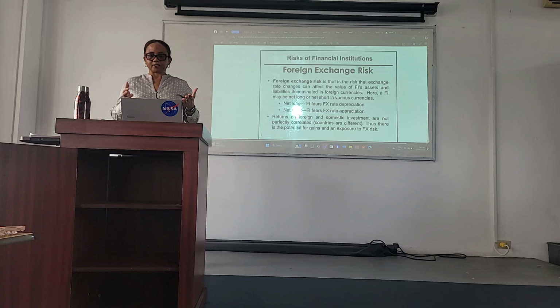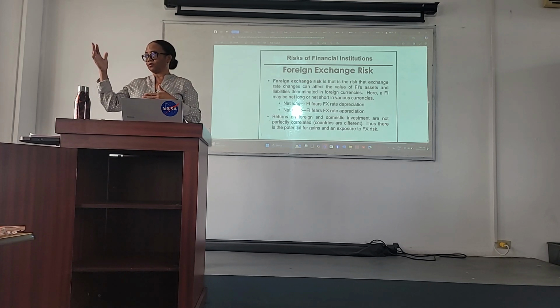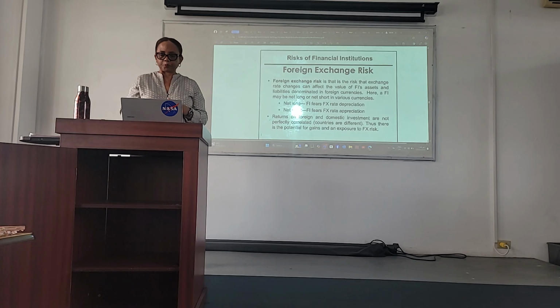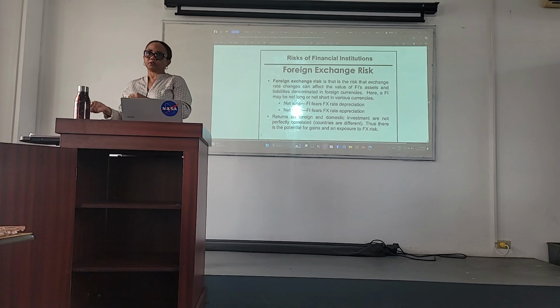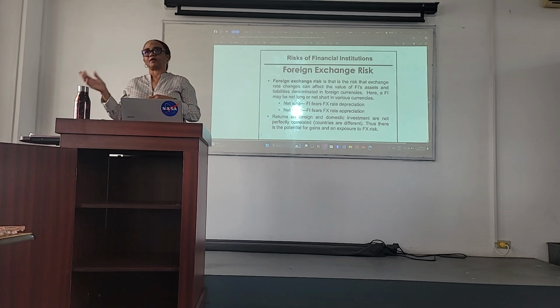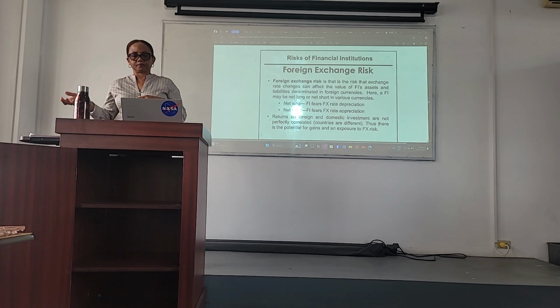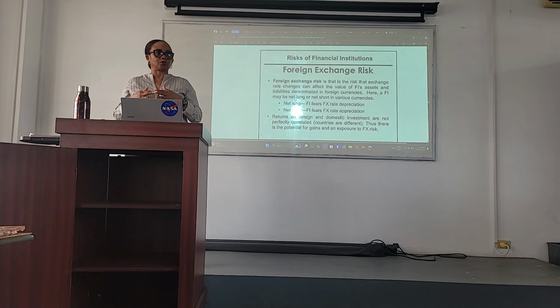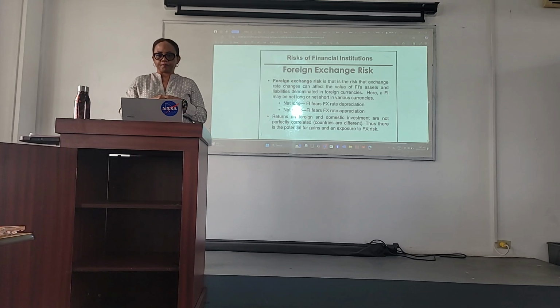And when the value of your assets declines and your liabilities increase, then you have a problem. Net short means that you have less foreign currency assets than foreign currency liabilities, right? And so you fear appreciation because the value of your liabilities will increase, right?